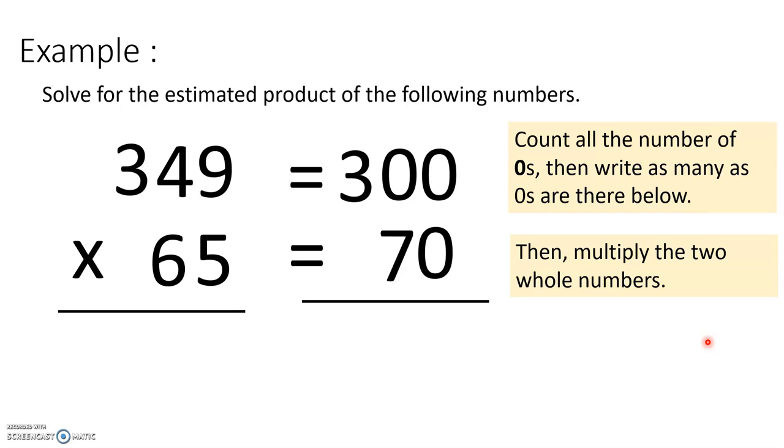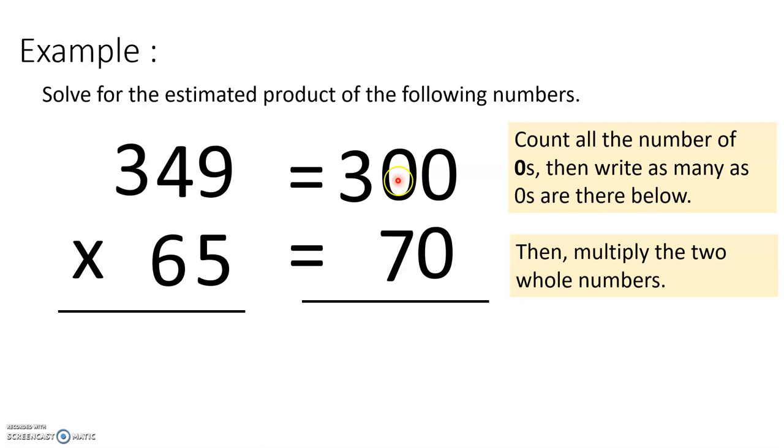Then write as many zeros as there are below. Then multiply the two whole numbers. So first is, let us count the number of zeros. By the way, itong ginagawa natin is shortcut ng multiplying numbers with zeros. Pwede nyo namang gawin yung long method if you want, pero ito, I'm going to teach you the shorter method.